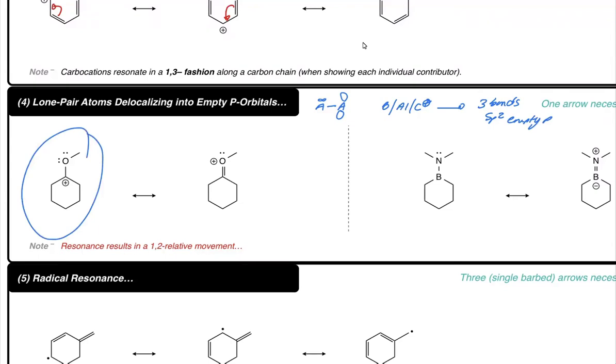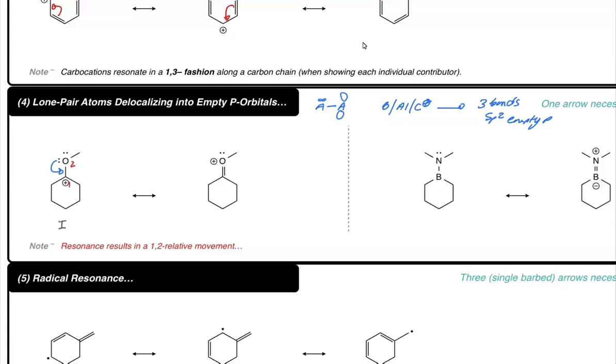So while you see no pi bonds to begin with, we need to acknowledge that because the oxygen is directly bonded to that carbon of positive charge, what's possible here is that the oxygen can fold down its lone pair, making a pi bond to the carbon, in which case the oxygen has taken on the positive charge. Notice in this case, the relative movement of the charge is a 1-2 relative movement. That's because we're simply filling that empty p orbital, and so the oxygen is taking on that positive charge.